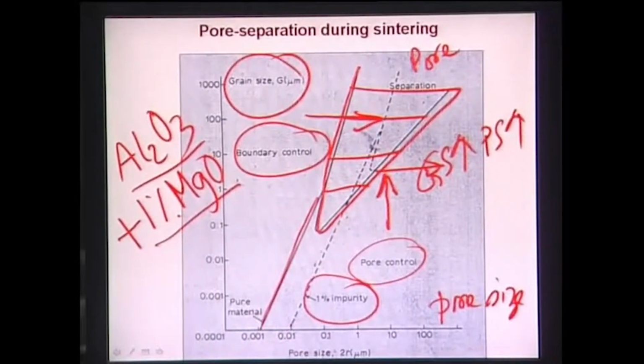this dotted line essentially indicates how the entire boundary of the pore control and grain boundary control is shifted towards the right. And more importantly, you notice here that the pore separation boundary has also been shifted much higher up. In this region, you are quite safe as far as your sintering process is concerned.